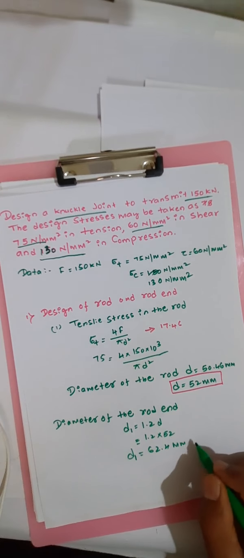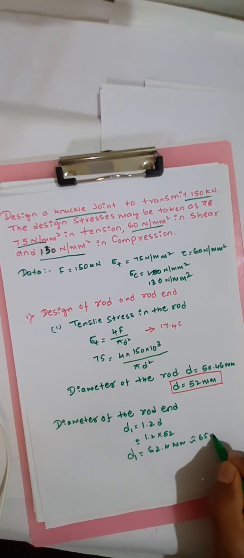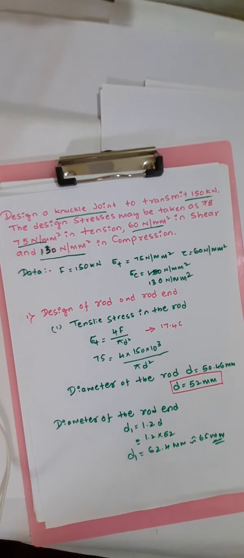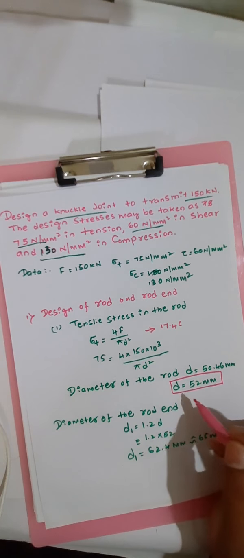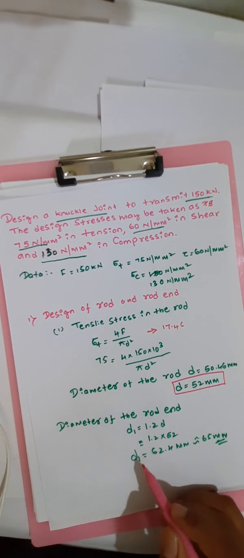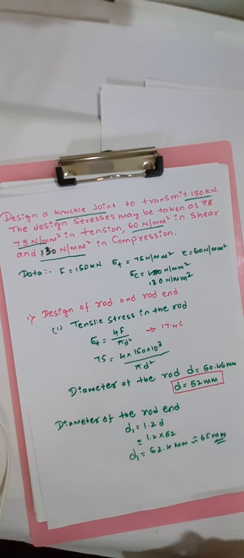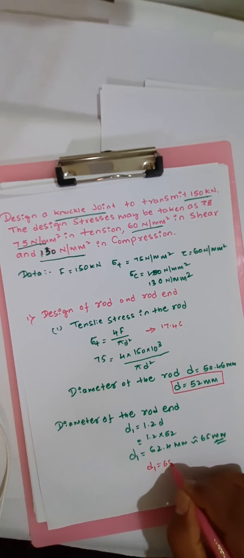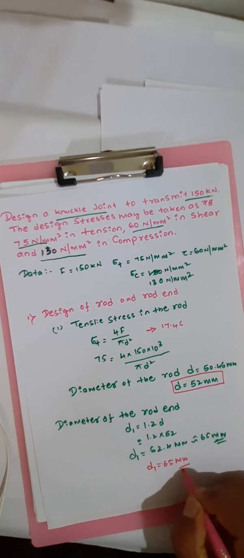We round this up to the standard value, 65 mm. So this is the design of the rod and rod end, with D1 equal to 65 mm.